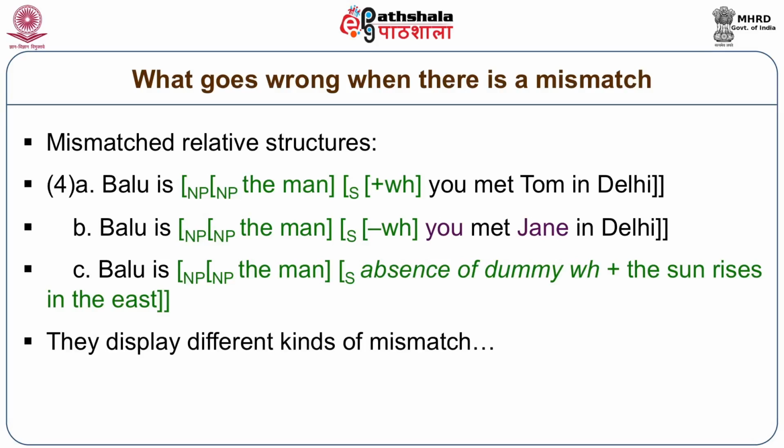Now, given the deep structure "Balu is the man minus WH, you met Jane in Delhi," there is no way for WH movement to apply and move anything to the minus WH, taking its place and producing a relative clause that you're waiting for. Why?